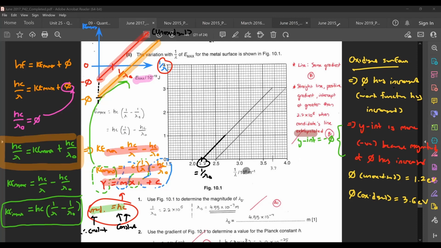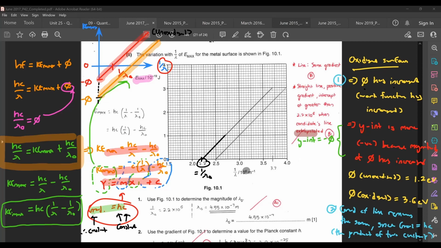So the gradient of the line remains the same, since gradient is equal to hc, the product of two constants.